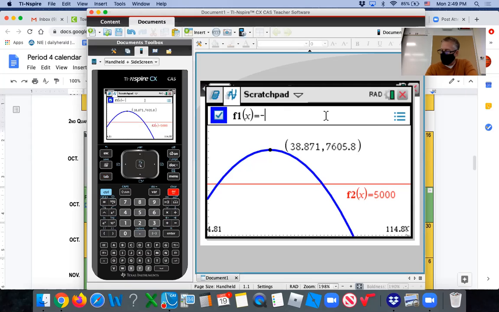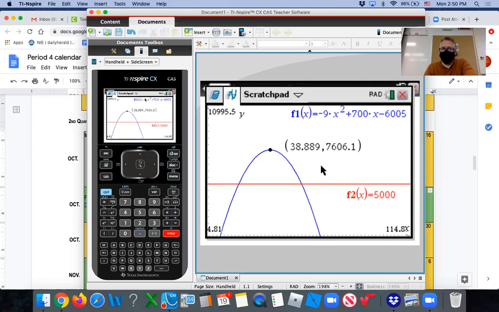So a nice feature, and sometimes not so nice feature, is that I can grab a function and manipulate it. The problem is, if you grab it and manipulate it when you don't mean to, like I just did, then you have to go back and retype it in. So once again, we are troubleshooting.